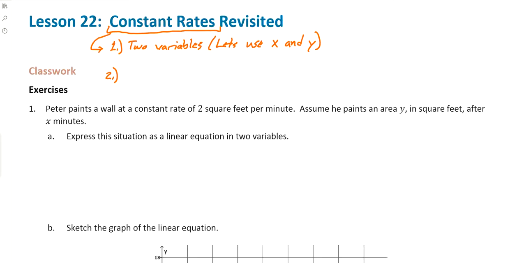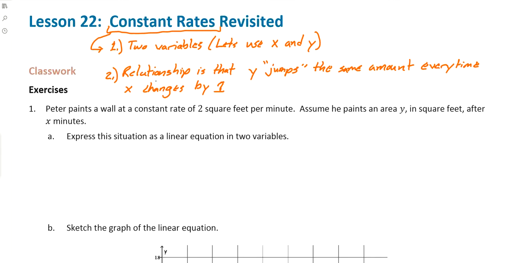And those two variables have a relationship that y jumps the same amount every time x changes by 1. So it's not that y is going to go up by 1 each time. It's that every time x changes by 1, so goes up by 1 or down by 1, y is going to move the same amount.